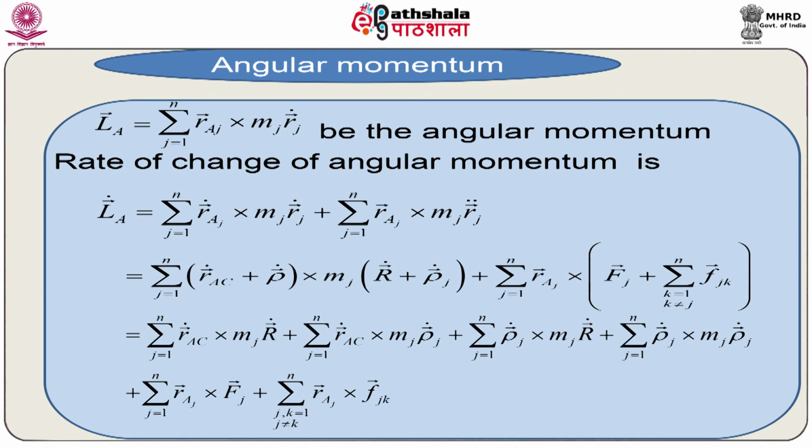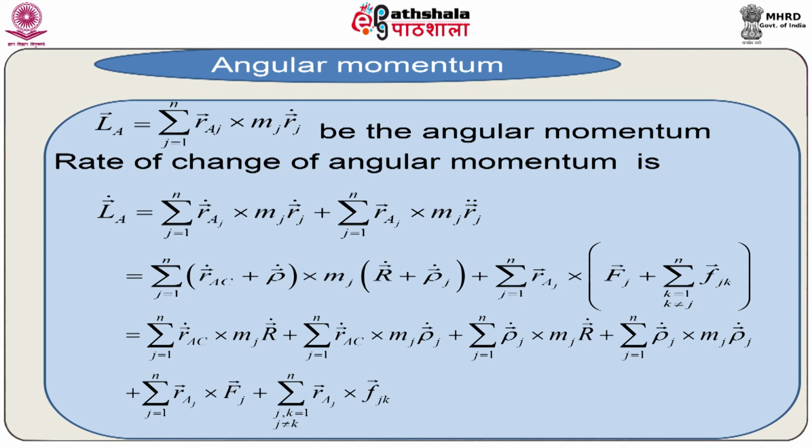So, splitting this term into two terms, combining this one and this one, we get this one. Here we have used Newton's third law, which gives fkj vector equal to minus fjk vector.